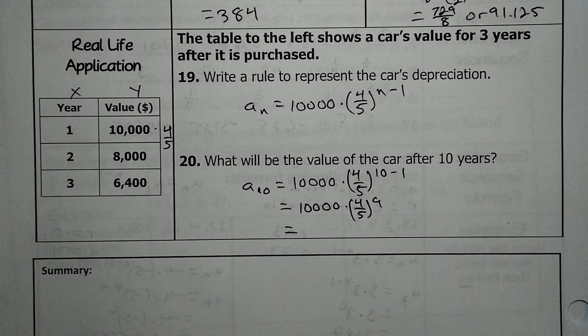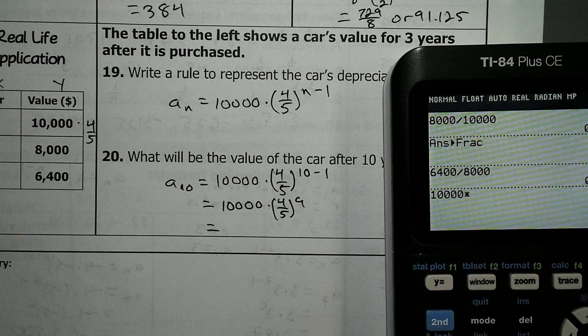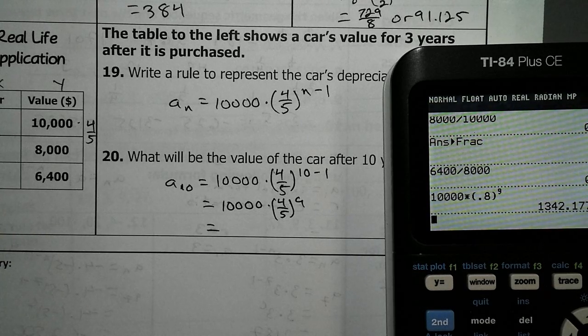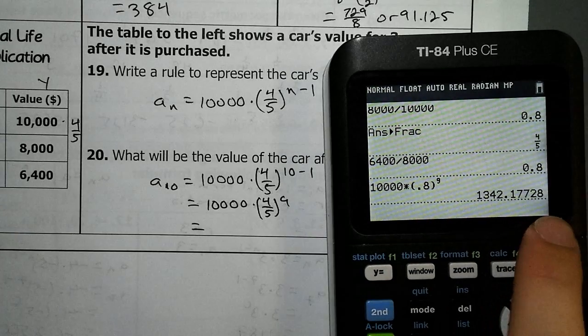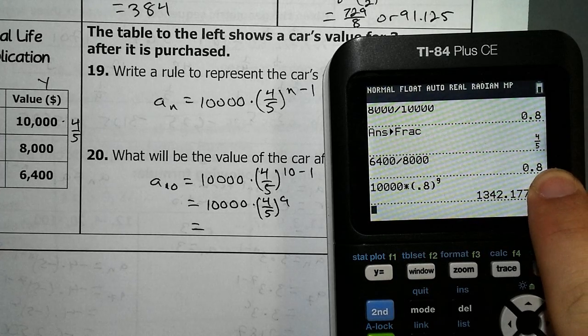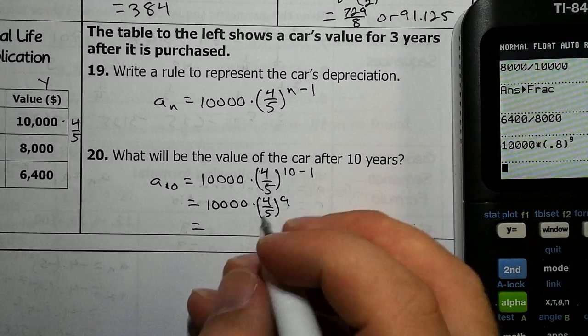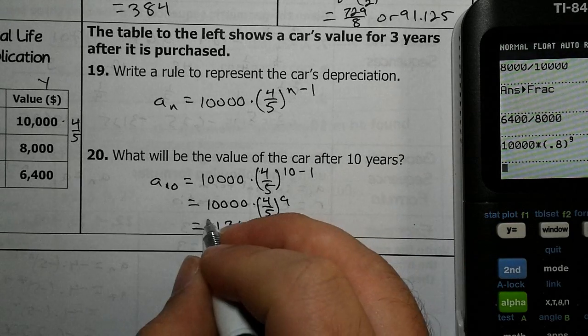And when I do that, I get this long value. Now with money, you only go 2 decimal places, so that 7 rounds up to an 8. So it's $1,342.18.